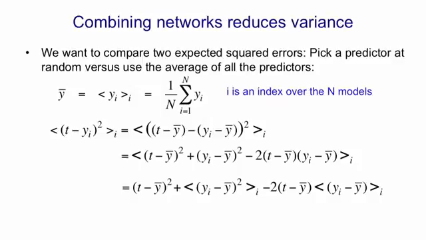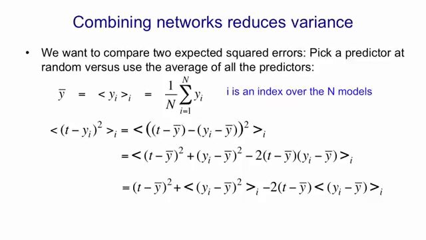That really is t minus y bar squared. And that's the squared error you'd get if you compared the average of the models with the target. And our aim is to show the thing on the left-hand side is bigger than that, i.e. by using that average, we've reduced the expected squared error.